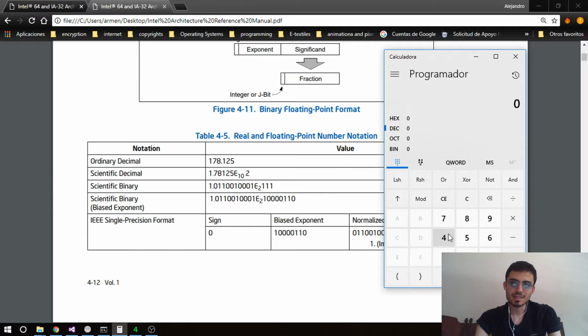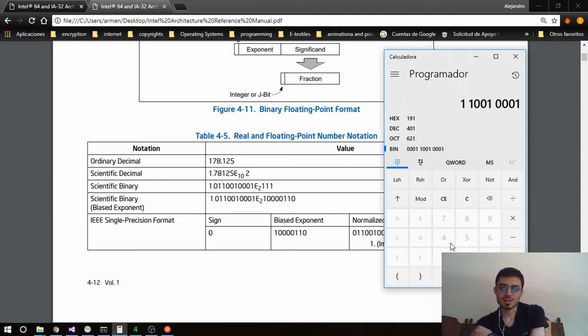Let's take a look at that. I want to go to binary mode, and I want to say that I have 1.1001000 1, and then that's to the 111.